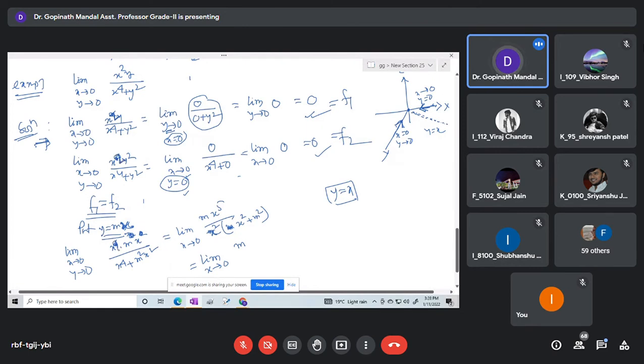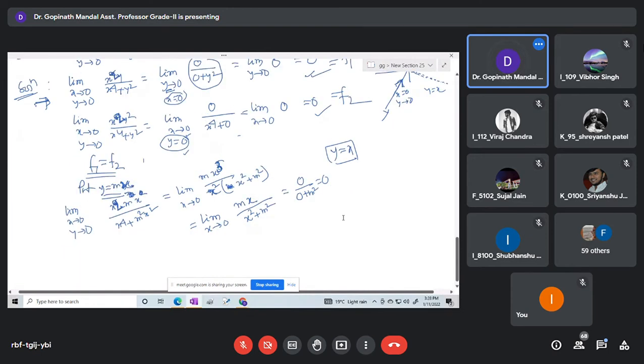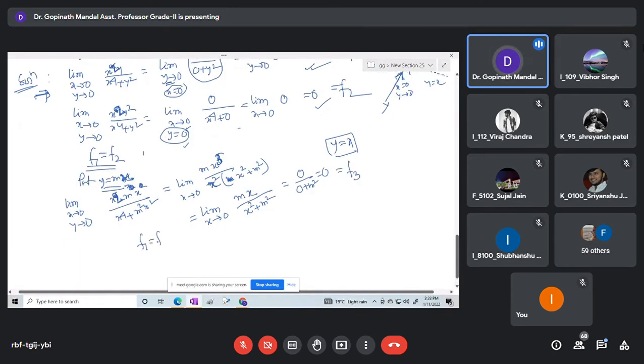This is also x squared, so this will be x cubed, that means mx by x squared plus m squared. This is 0 plus m squared, that means the limit is 0. This is f3. So f1 equal to f2 equal to f3.